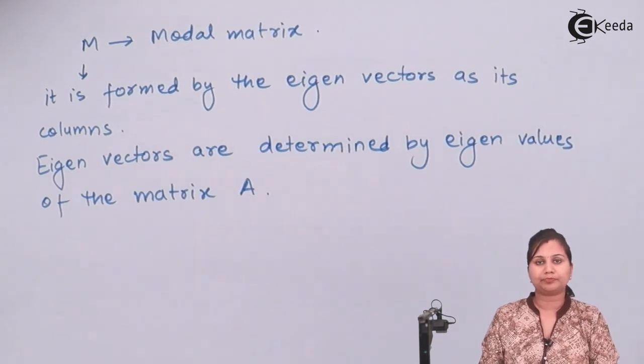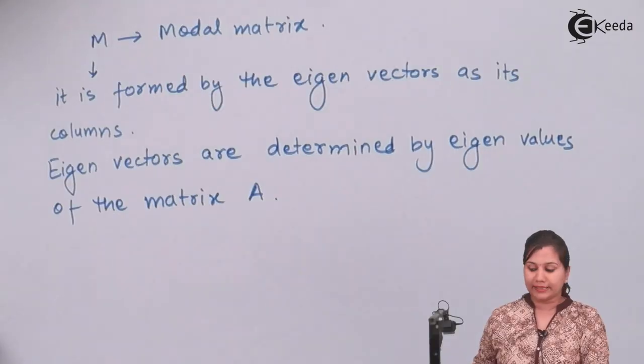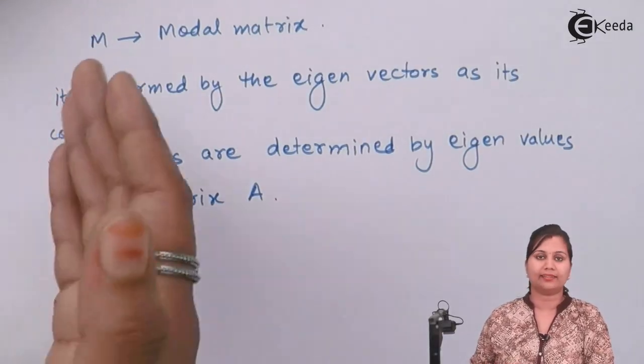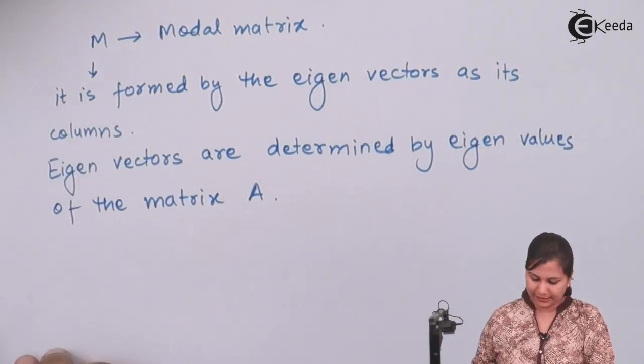Let's take an example of how the eigenvalues of the matrix A can be calculated, and how we can calculate the eigenvectors and then the modal matrix.